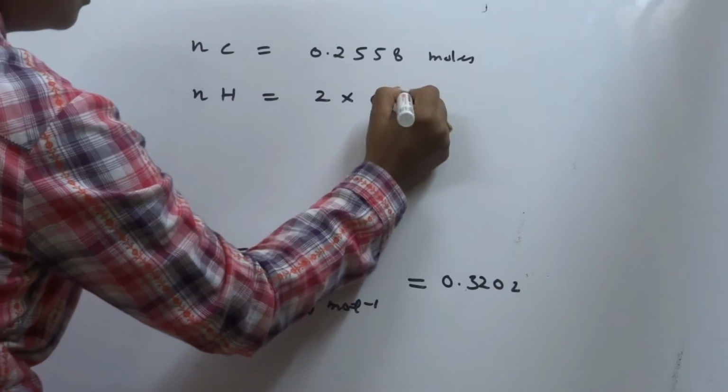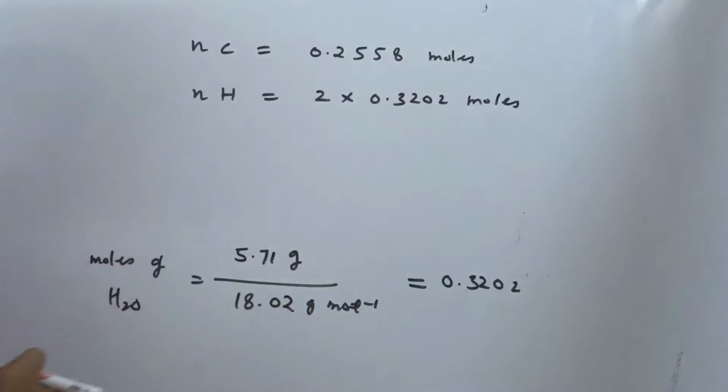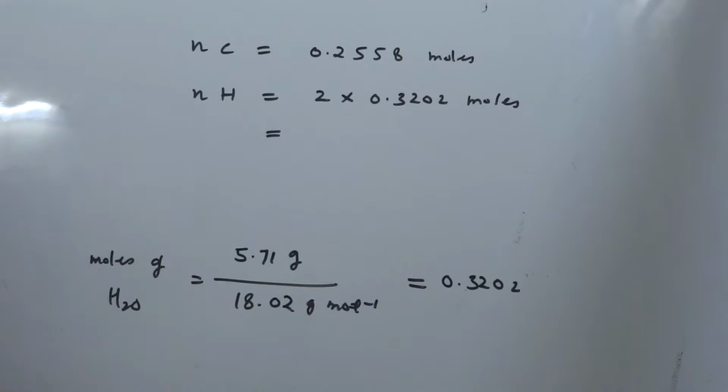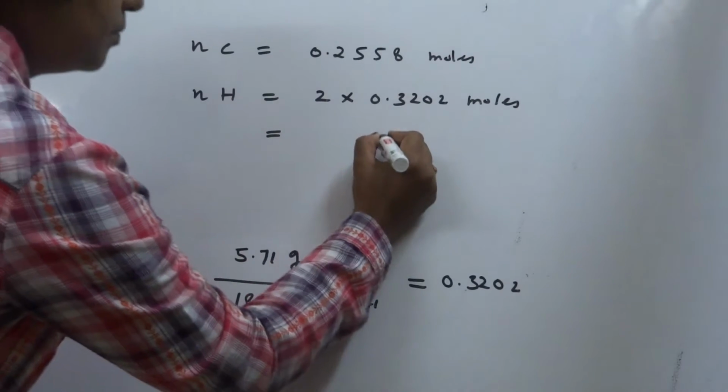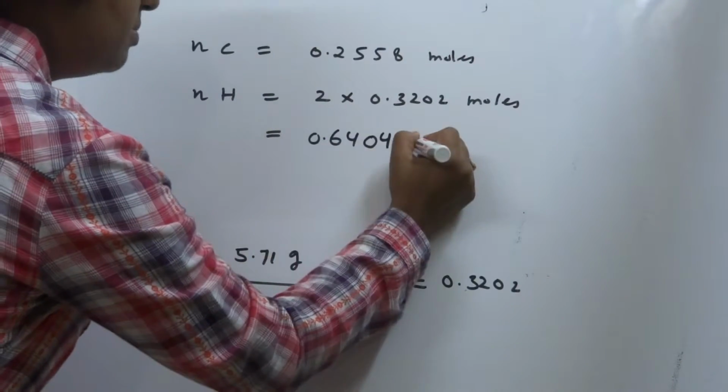Two times the moles, that means this value will become these many moles of hydrogen.